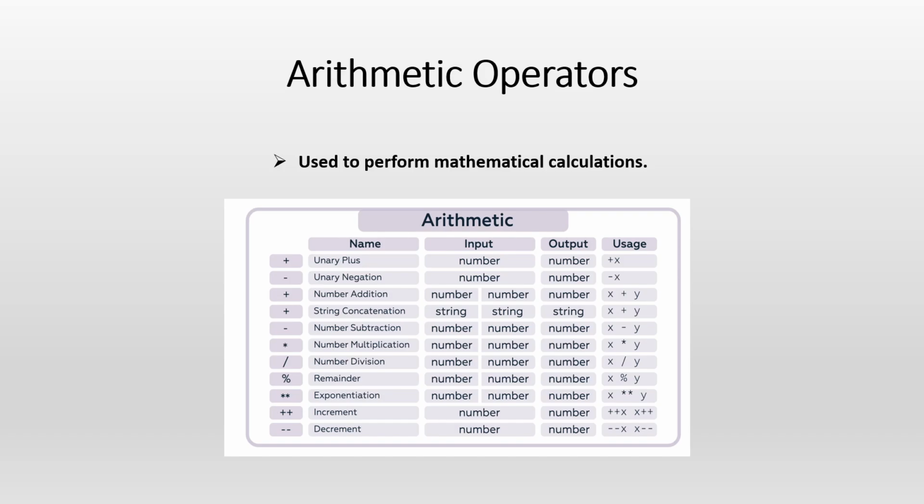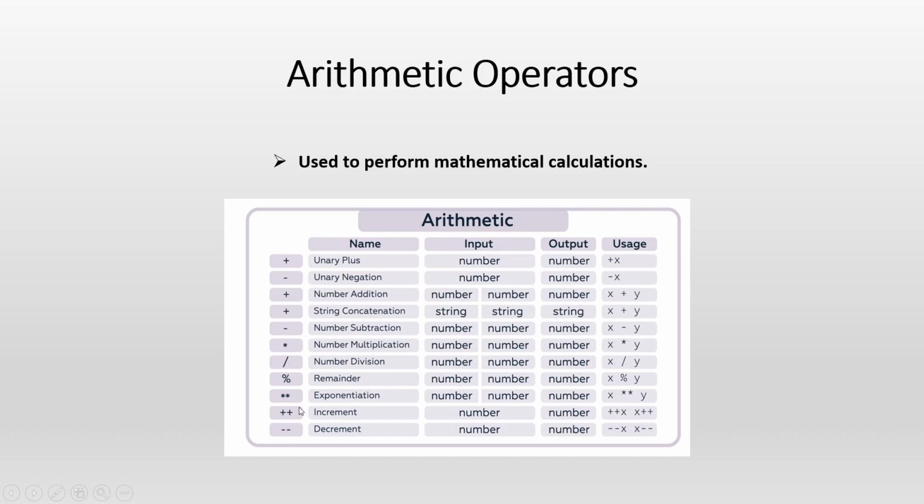Here you can see plus, minus, star for multiplication, slash, and this is the remainder. And this is exponential, I mean power, like a square, b square, having some value at the top. That's called exponentiation.